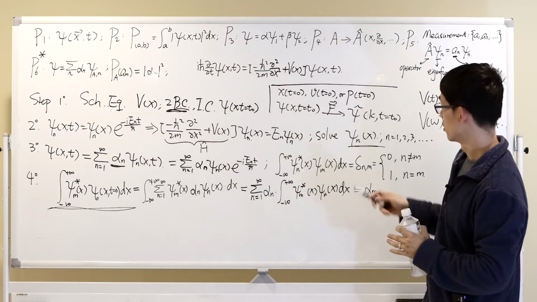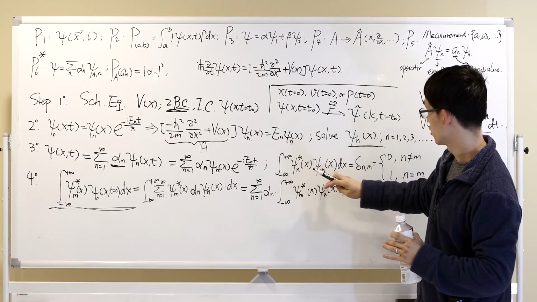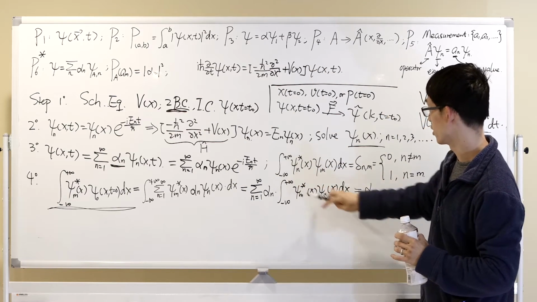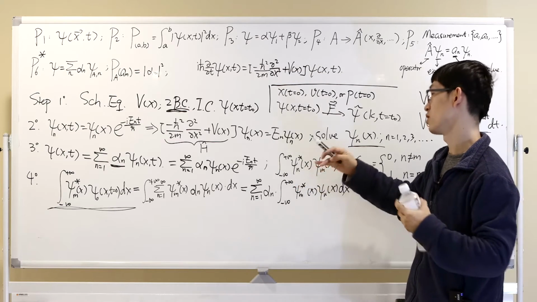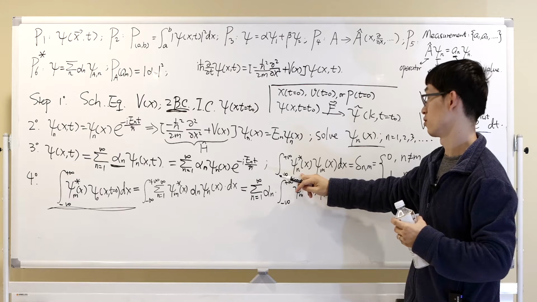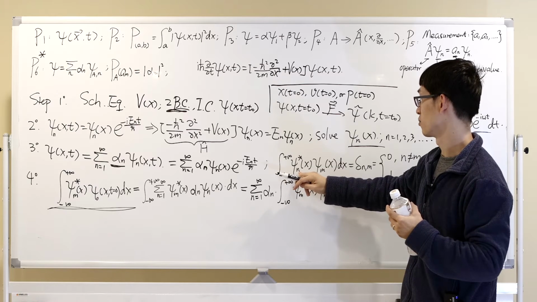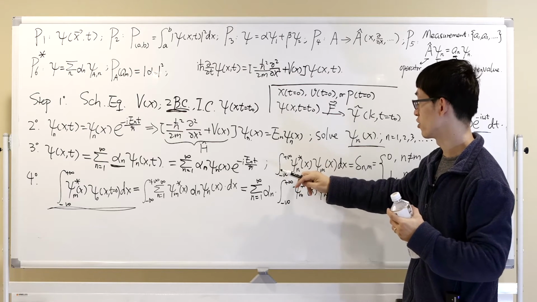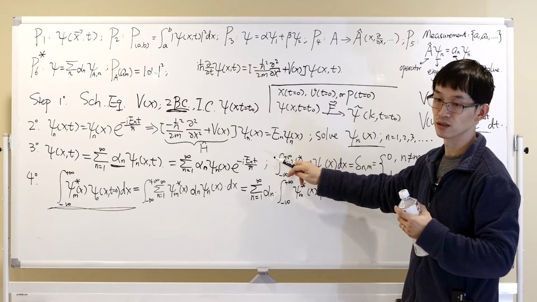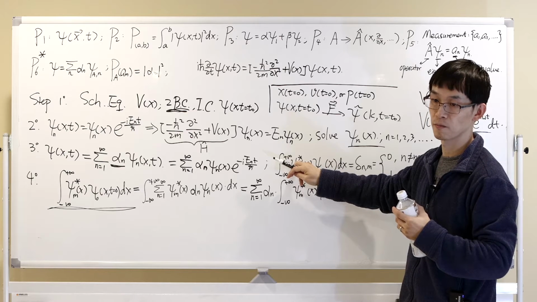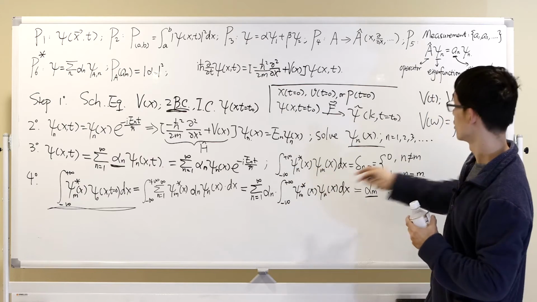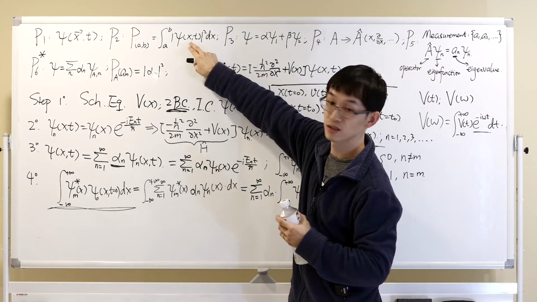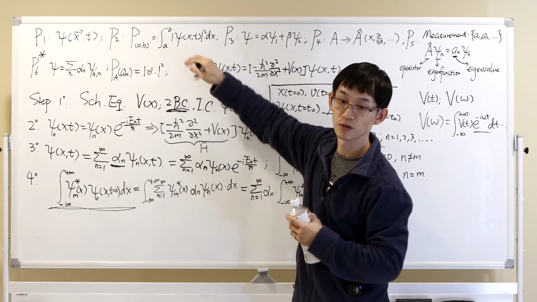So for the inner product to return a real value when n equals m, the only way for it to be true for all wave functions is to have a complex conjugate here. Does that make sense? So that this will always be a real number.